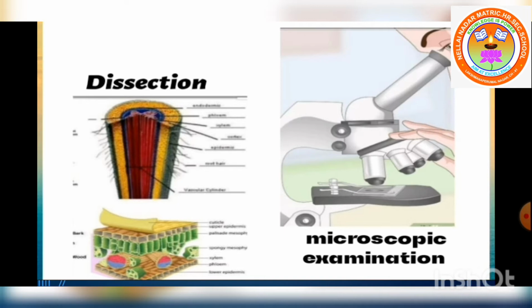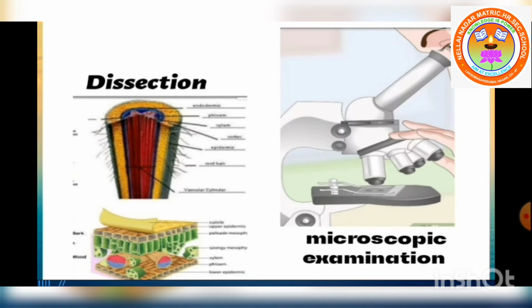So what is dissection? Dissection is a process of separating plant parts into pieces. It is a process of separating plant parts such as root, stem, leaf, etc. into pieces. Dissection is derived from two words.